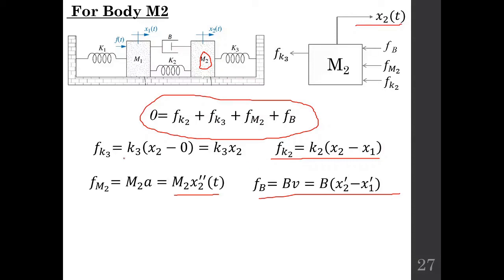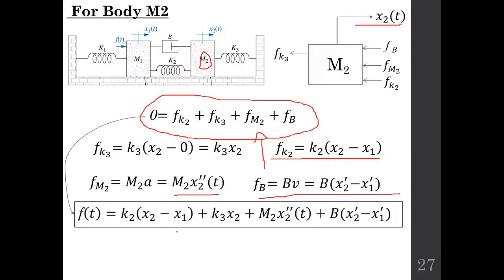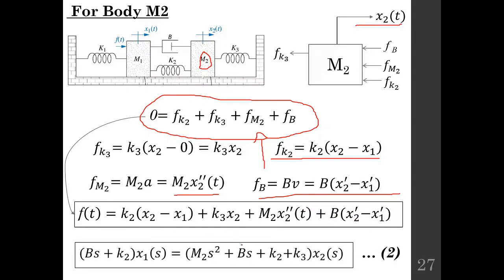Now we can put these opposing force values into this equation to come up with this equation, and in the next step we need to apply the Laplace transform, and after applying the Laplace transform, we have this equation, which we are naming as equation number 2.